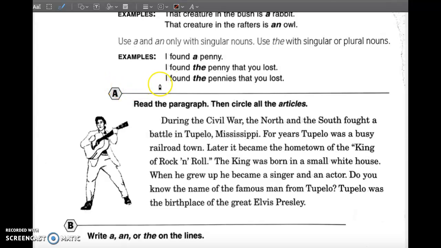We're looking for the words a, an, and the. I'm going to write them right here for us. A, an, and the.